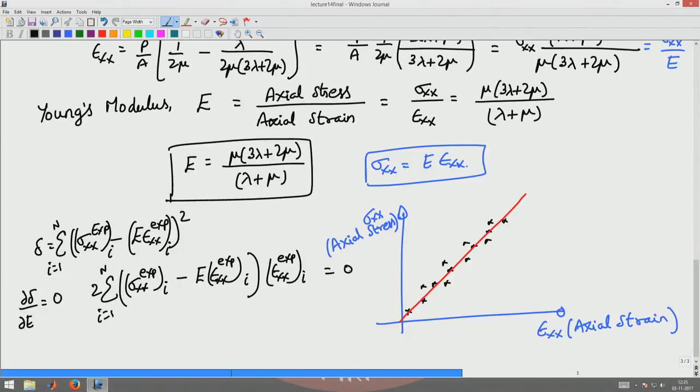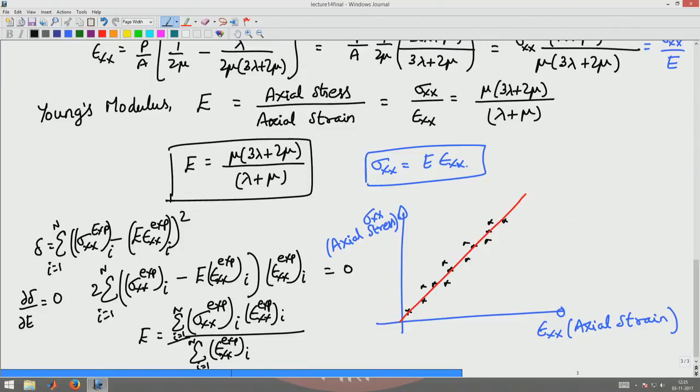Okay. From here this is a linear equation in E, I will solve this linear equation to get E as summation of epsilon xx exp i into sigma xx exp i divided by summation of epsilon xx exp i squared, both from i equal to 1 to n.